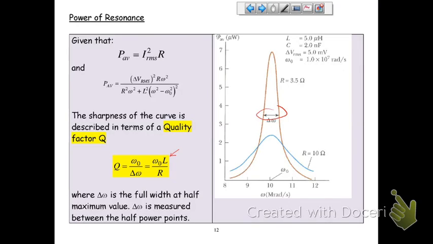If I pick a nice big value of L and a nice small value of R, I can get a sharper peak, a better quality tuning circuit than if I don't. So we play games with that.